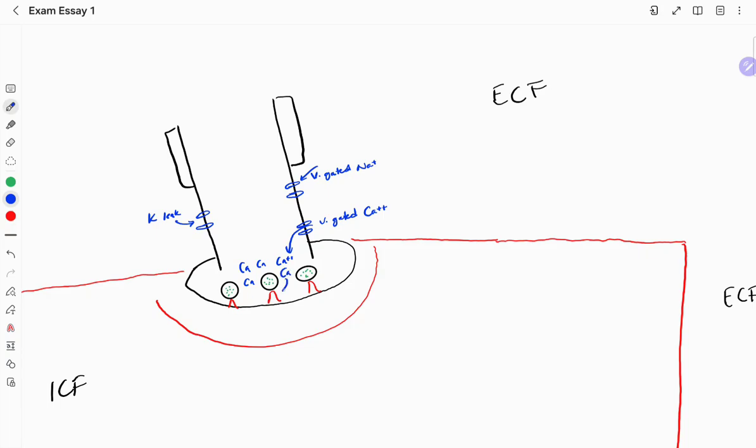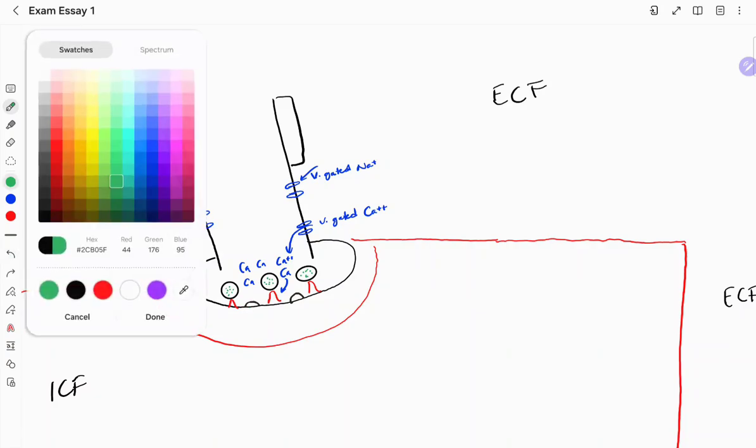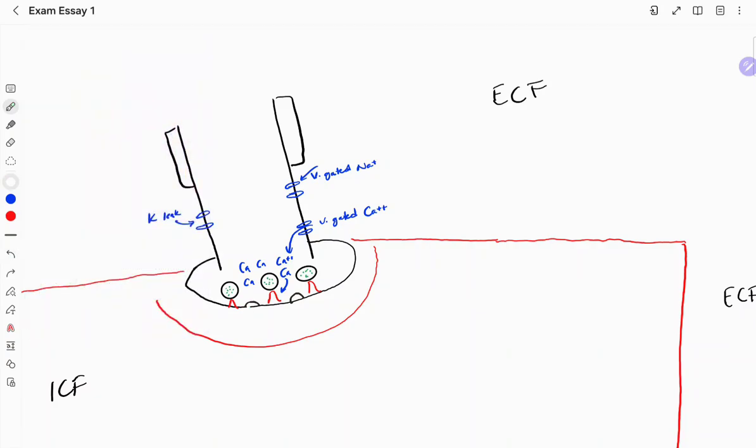And this calcium will interact with these snare proteins, which will pull the vesicle up to the edge right here of this terminal end of the neuron, and will cause the release of acetylcholine into the synaptic cleft.